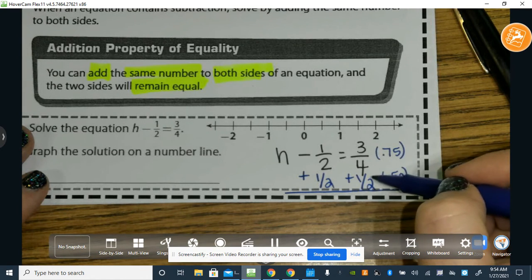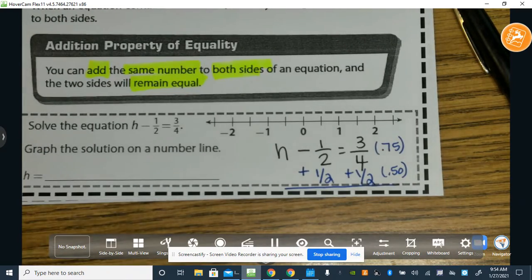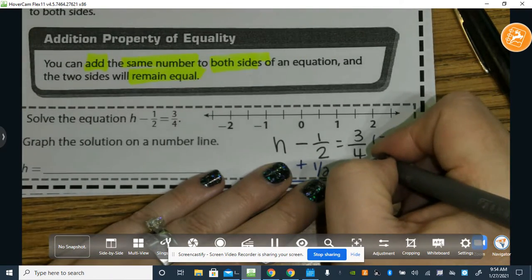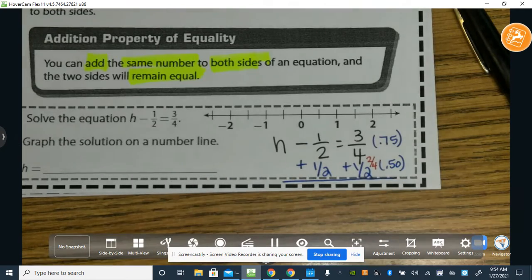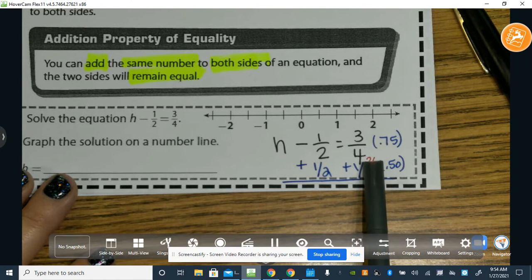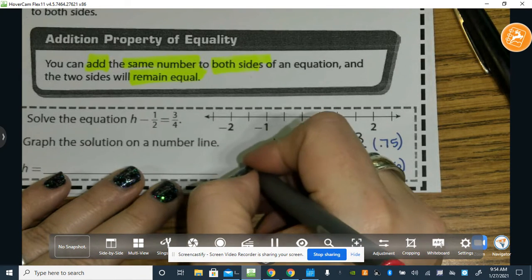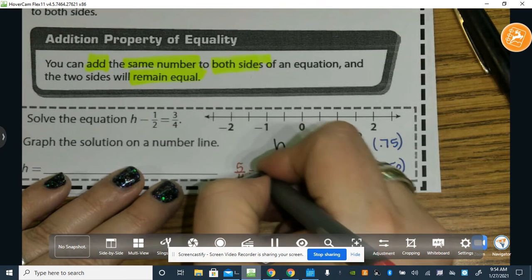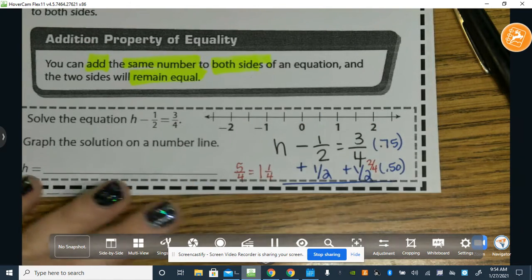Or I can change this 1/2 into 2/4 because it's the same, and I can add 3/4 and 2/4 together, and I get 5/4, which is 1 1/4.